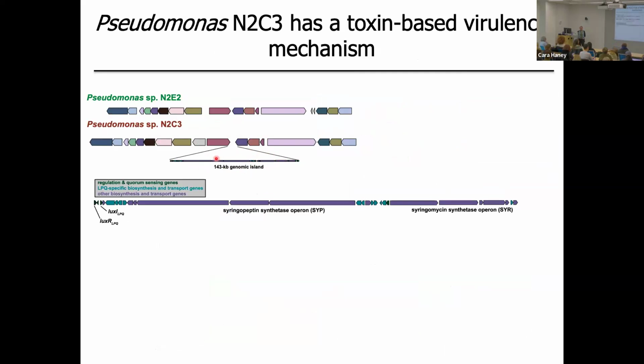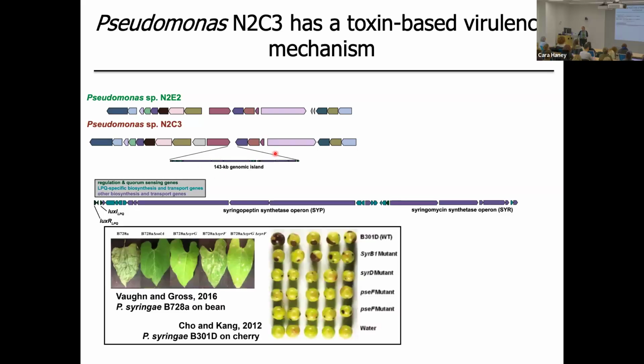These are well known in Pseudomonas syringae as virulence factors. They're not present in, for anybody that works with Pseudomonas syringae, the DC3000 classic model strain. That's type 3 secretion virulence. This is a toxin-dependent virulence mechanism.